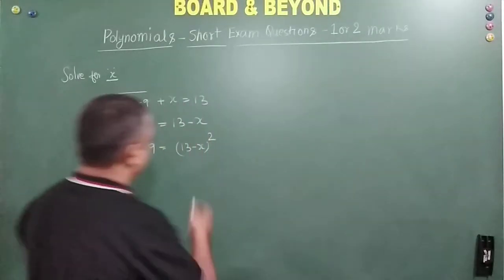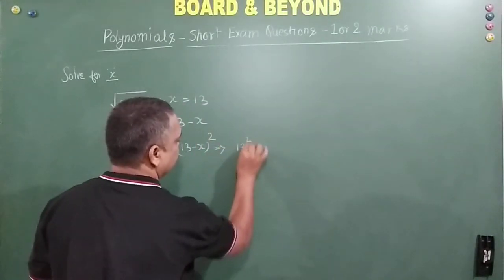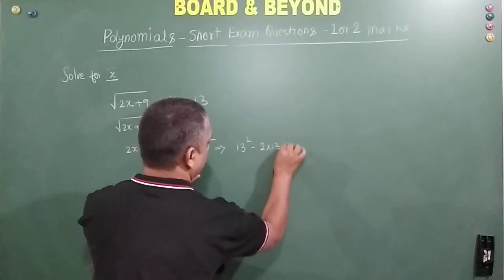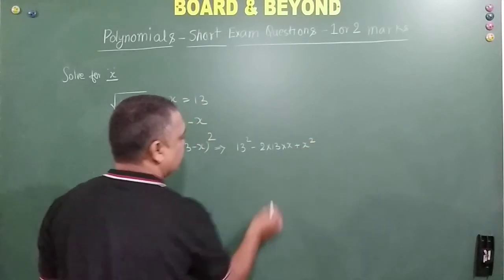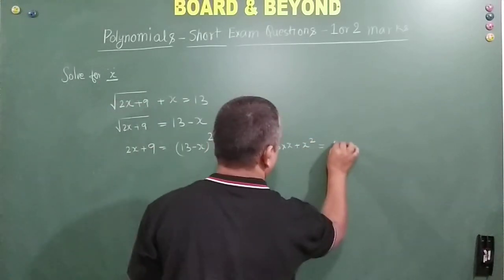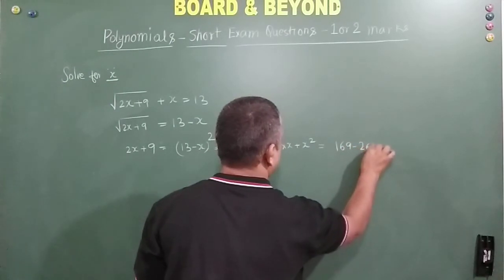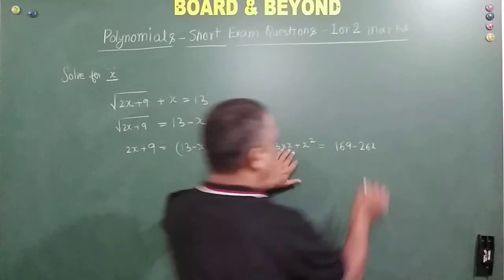So it is 13 square minus 2 into 13 into x plus x square, which is also equal to 169 minus 26x plus x square.